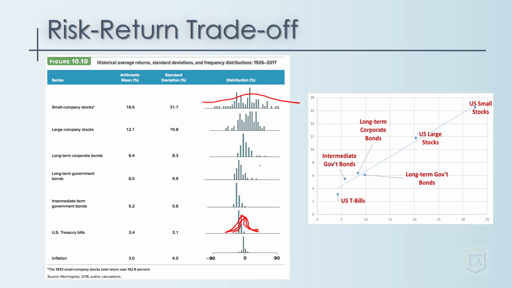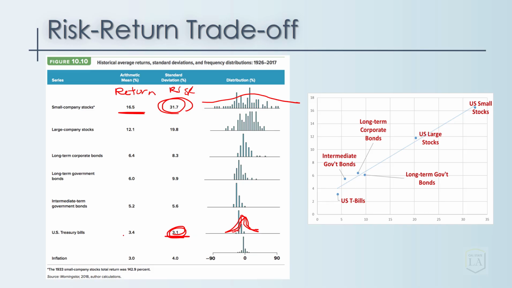So what it indicates is, its variance or risk was a lot higher for small company stocks compared to U.S. Treasury bills. So the same thing happened for the reward. In terms of return as the reward, higher risk was rewarded by higher return.